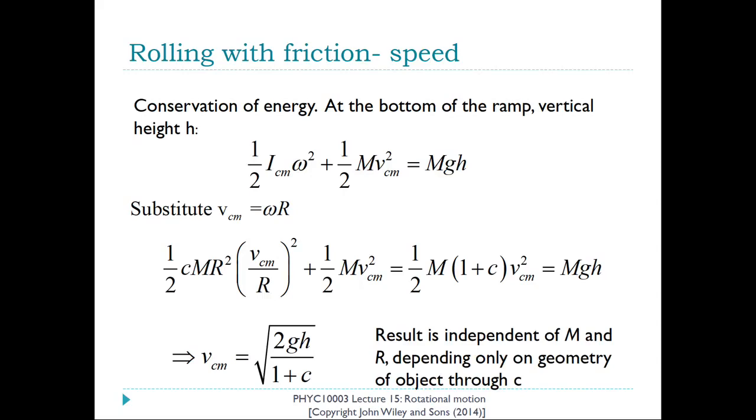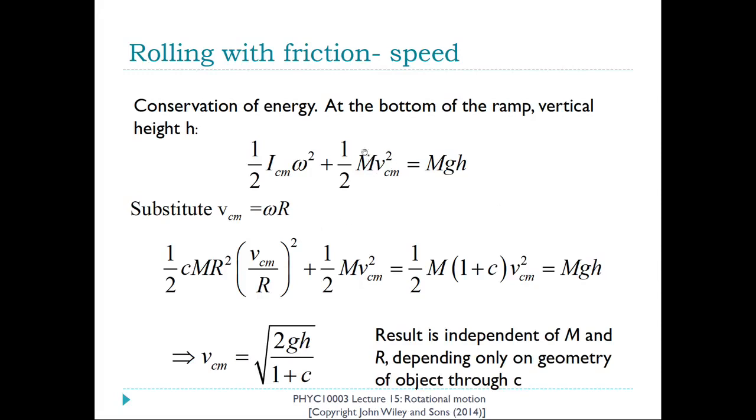So mgh, m is the mass of the system, h is the height of the ramp itself, and of course g is simply gravity. Now we're going to look at our two components of that kinetic energy. We have our rotational kinetic energy and our translational kinetic energy. We have to add those components to get our total kinetic energy, which is going to be equal to our potential energy. So what we can do in here is some mathematical substitution.